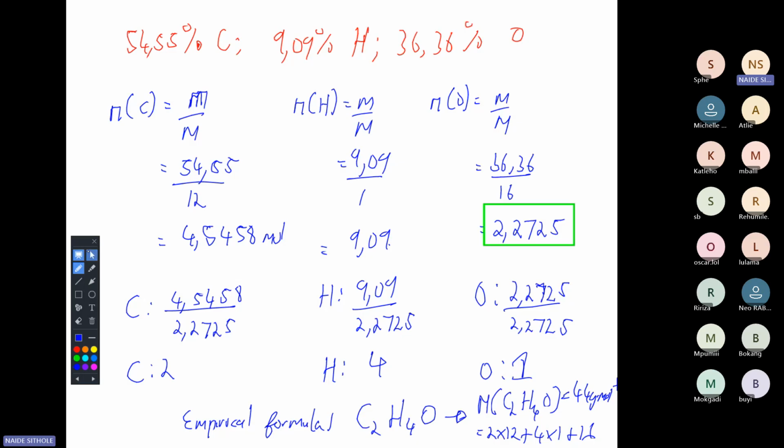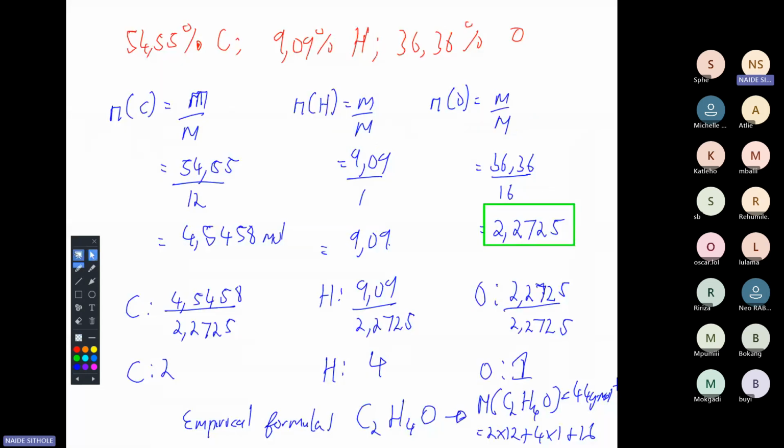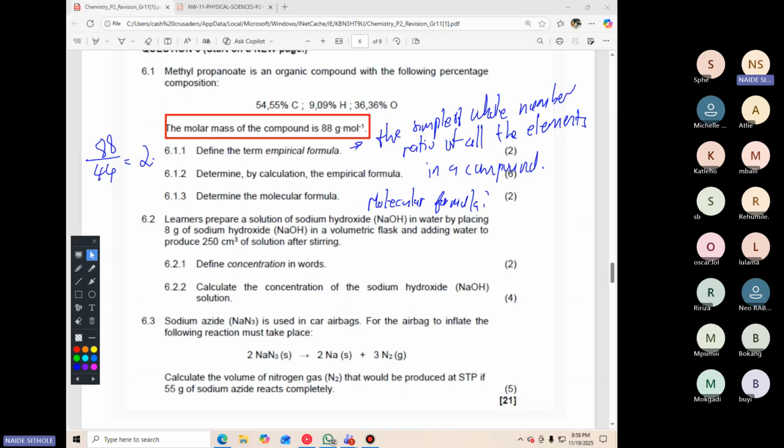Then we divide 88 by 44, that's 2. Then in order to come up with the molecular formula, we multiply the empirical formula by 2. So C2H4O is now going to be C4H8O2. That becomes our molecular formula. So everything multiplied by 2. Then yes, do not forget those ones.